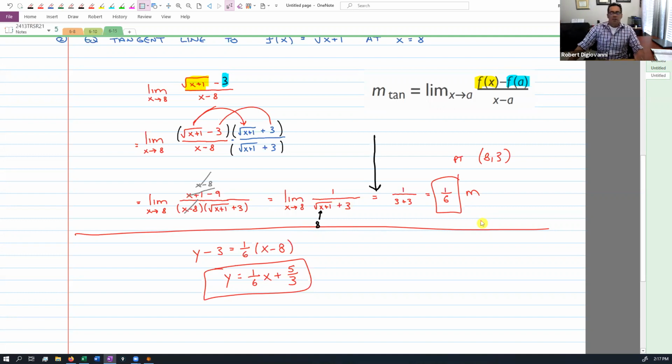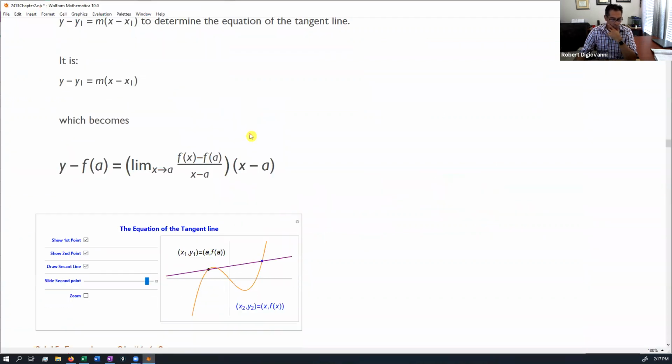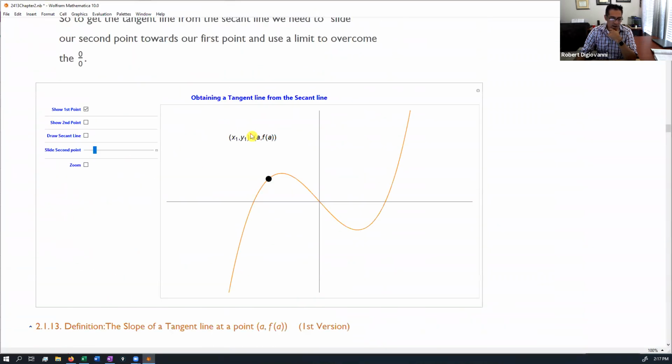All right, so now, when I did this setup for this whole idea, what we did first is we picked a point A, and then we picked a second point, which we called X. And that was kind of arbitrary.